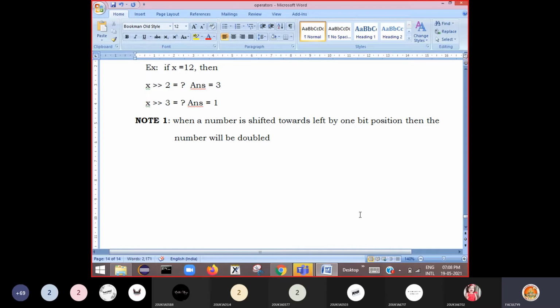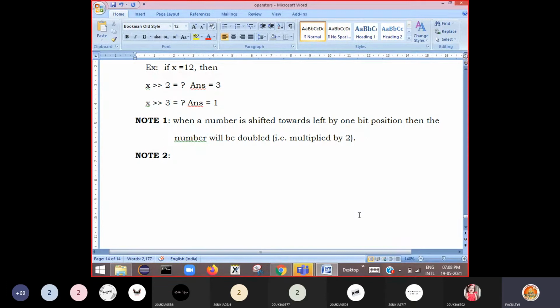If you move 1 bit position towards left, then the number will be doubled. That means it is multiplied by 2. So this is note 1, and the second point is regarding right shift.